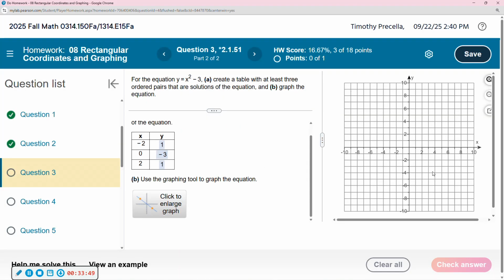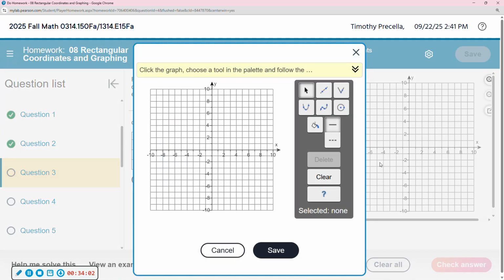And now we're going to graph this U-shaped figure. How do I know it's a U-shaped figure? The x squared. So I click right here. Now let's see. Which of these tools?